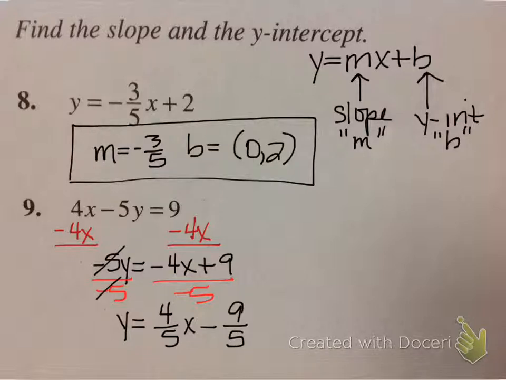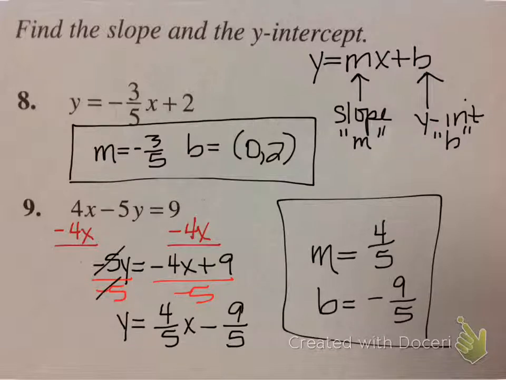So now I can identify my pieces here. My slope is 4/5, and my y-intercept is negative 9/5. So if it's not in slope-intercept form, you could always rewrite it so that it is. Again, remember, if they want the y-intercept in an ordered pair, make sure you put 0, negative 9/5.